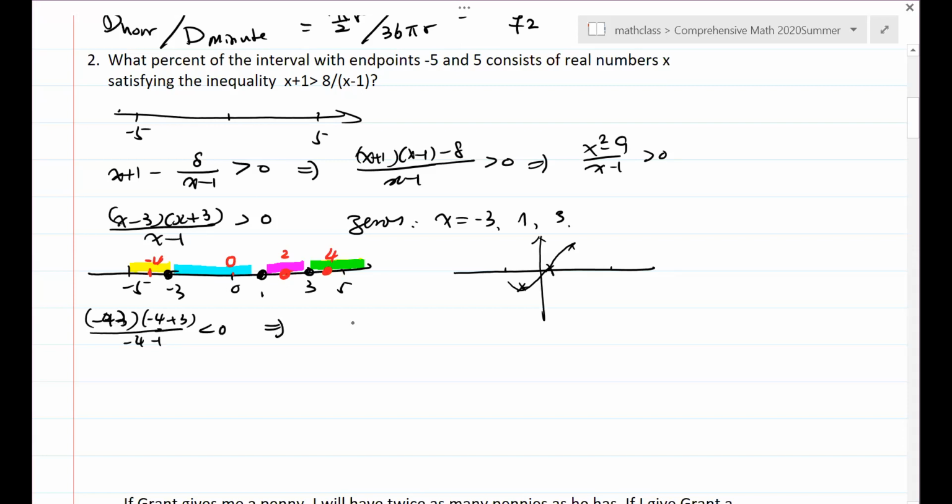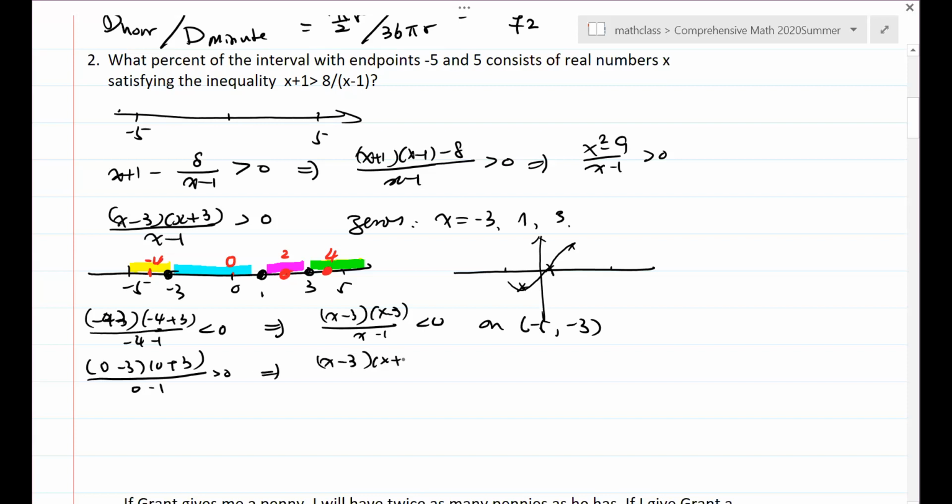So the expression is negative on the interval from -5 to -3. Similarly, when x is 0, you get negative, negative, positive, so the whole expression is positive on the interval from -3 to 1.